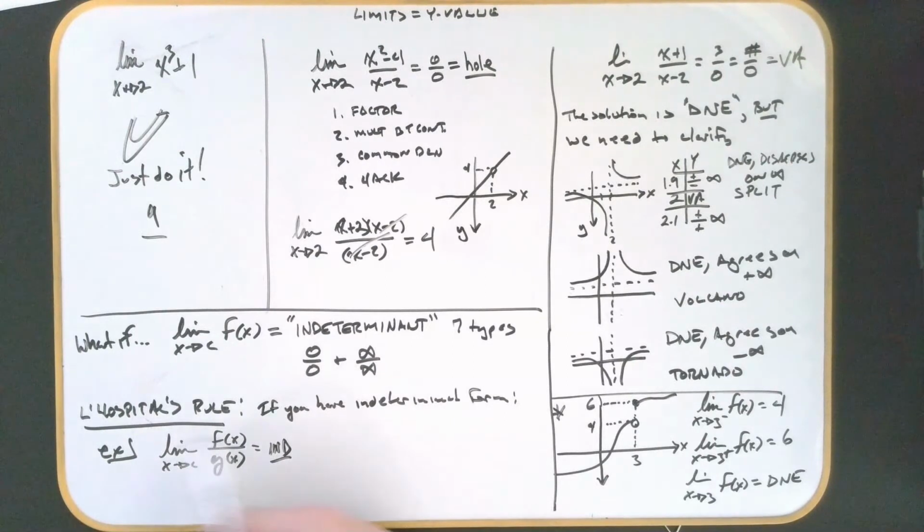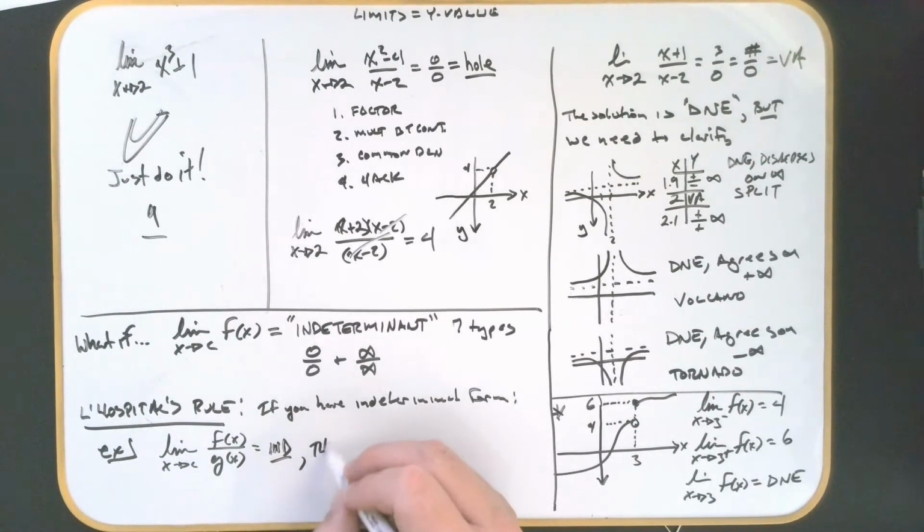If I try to do direct substitution, a Nike limit, and I get indeterminate, then give this a shot.